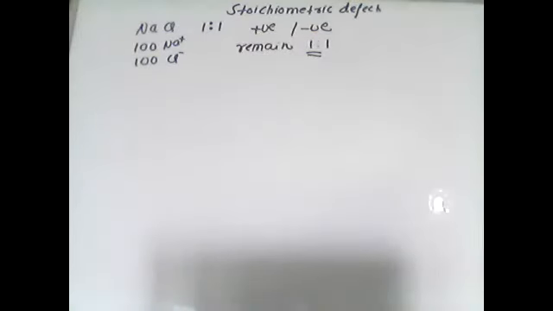The ratio present in the formula between the cation and the anion should be the same as in the crystal lattice. The ratio should not change. So if there are 100 sodium, there will be 100 chloride; if 90, then 90; if 89, then 89. The ratio should be maintained. That is for the stoichiometric defects.